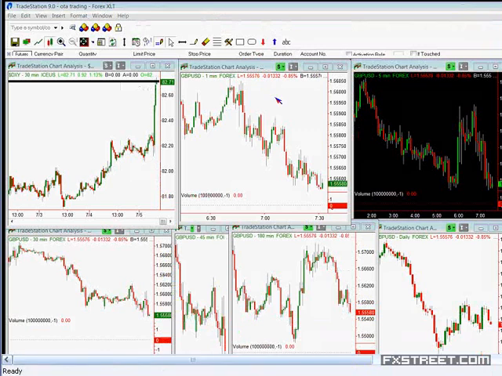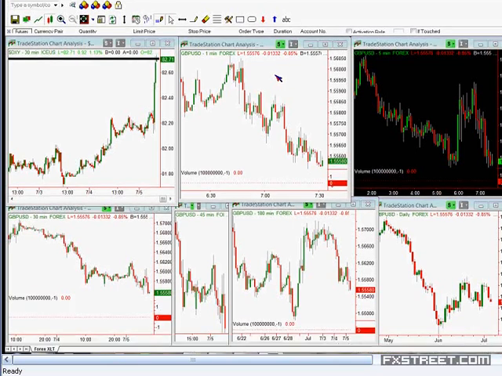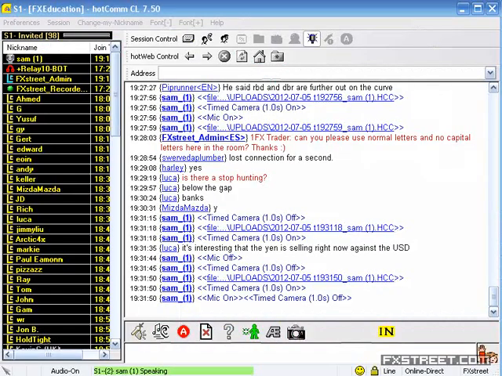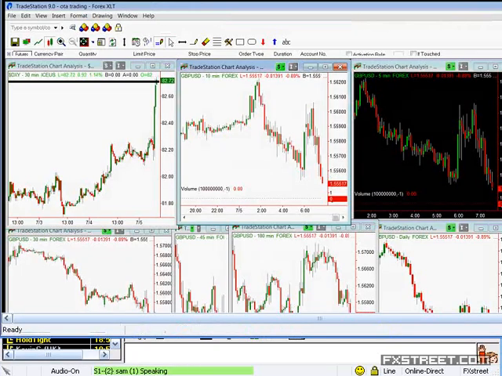Let me just change this time frame right here. None of this usually takes this long. Maybe it might be the connection or something. Sorry about that. All right, let's take a look at the pound.